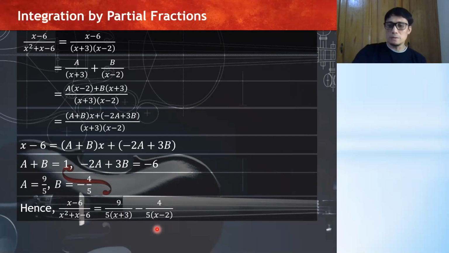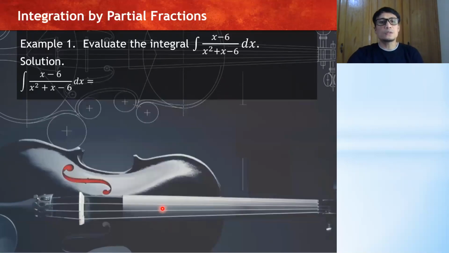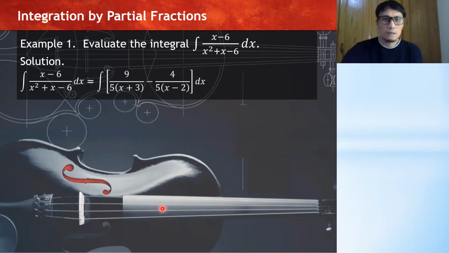So let's go back to our problem. We will now replace the integrand with our new expression here. This can be written now as the integral of 9 over 5 times x plus 3 minus 4 over 5 times x minus 2 dx.